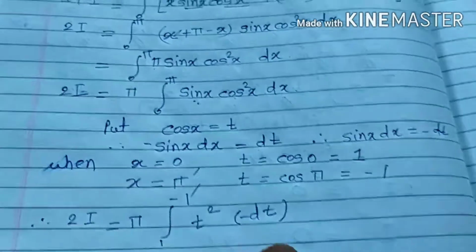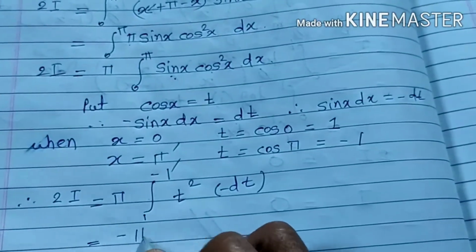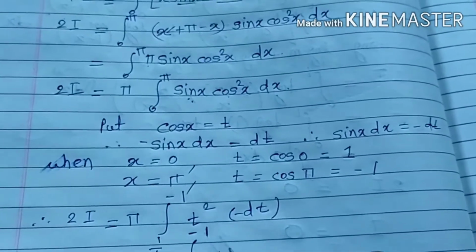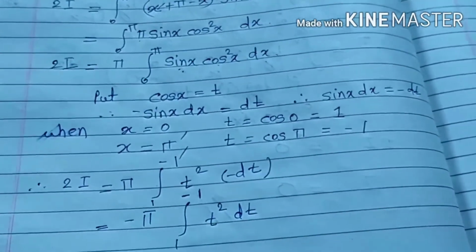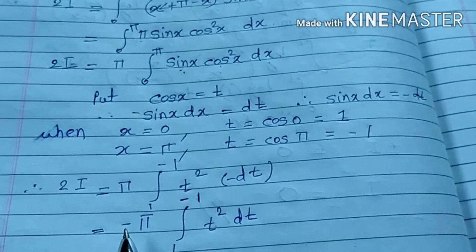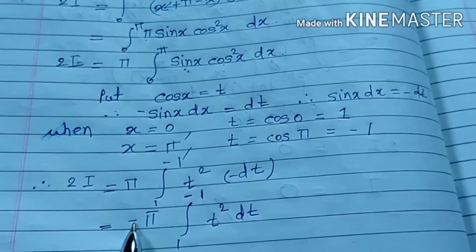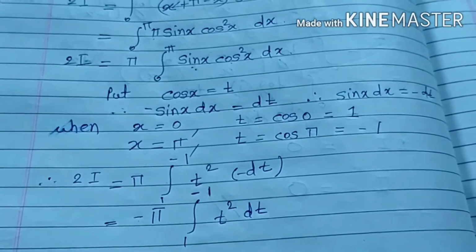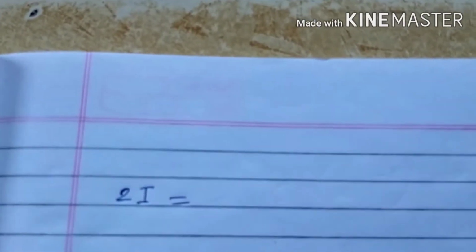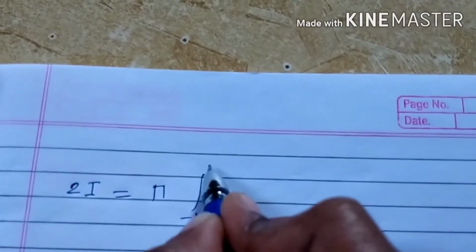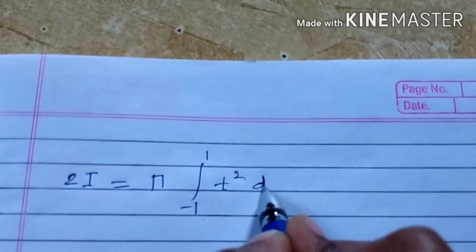Now take this minus sign common, so it is minus pi times the integral from 1 to minus 1 of t square dt. Now we interchange the limits, then the sign will become plus. Therefore 2I is equal to pi times the integral from minus 1 to 1 of t square dt.